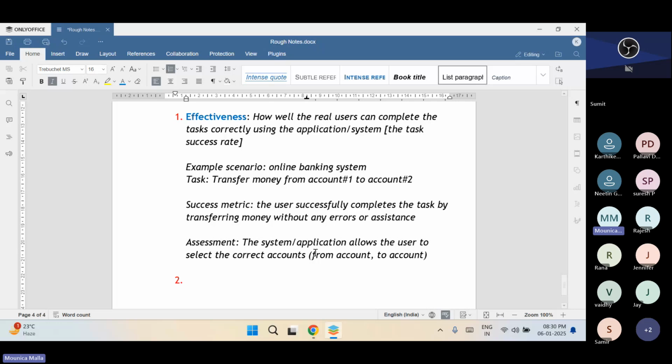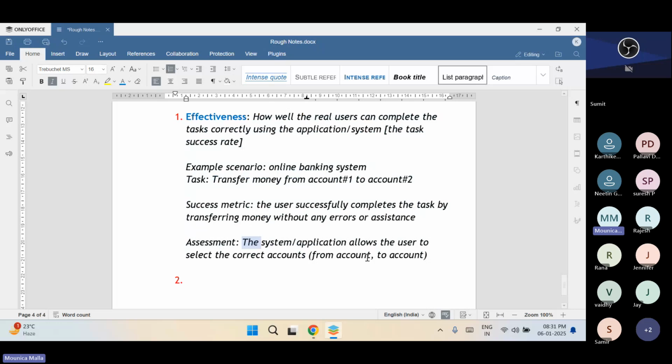And you have to rush to the police, to the bank to get your 10 rupees back or 100 rupees back. Right? That's how the banks ensure that you transfer money from a pre-configured account to avoid errors to the maximum extent. So the assessment for us to transfer money from account 1 to account 2 is, first of all, the application should allow the user to choose the correct bank accounts using a drop-down field.